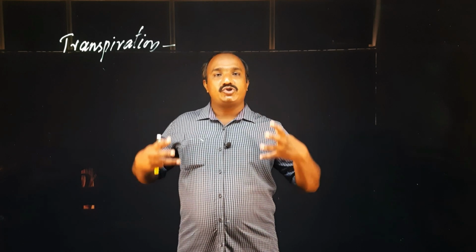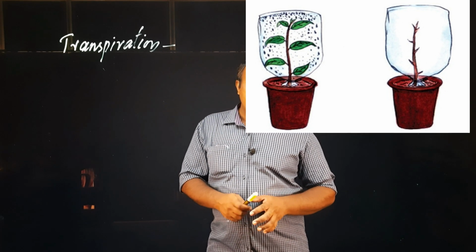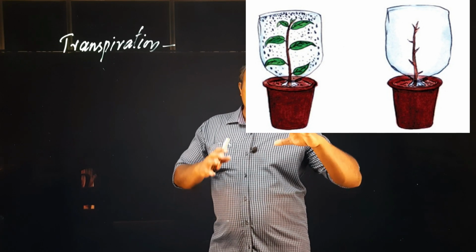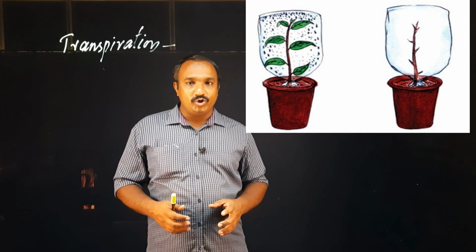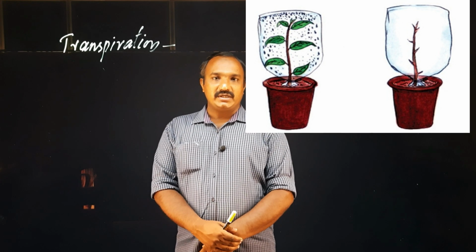That is called transpiration. We have studied that plants have stomata, small holes on the leaves. Through the stomata, water is lost continuously in the form of water vapor. We can see this if we take a potted plant, select a branch, cover it with a plastic polythene cover and tie it at the base so that no air enters.